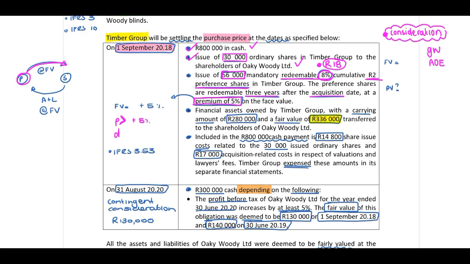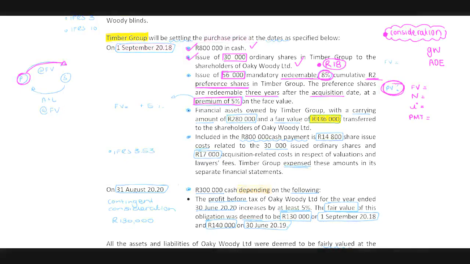If we look at the discount, less. Right, okay. Now, we need to determine what is the present value of the redeemable preference shares. To be able to do this, we need to calculate the future value, the period, our rate, and our payments, and determine the present value.